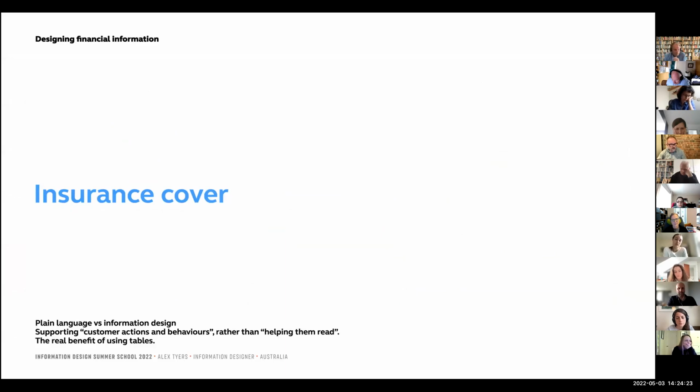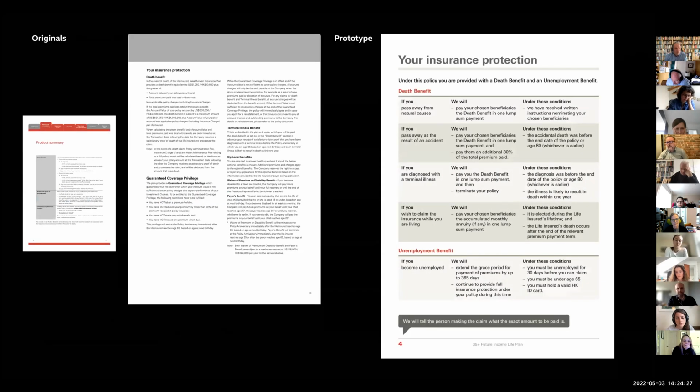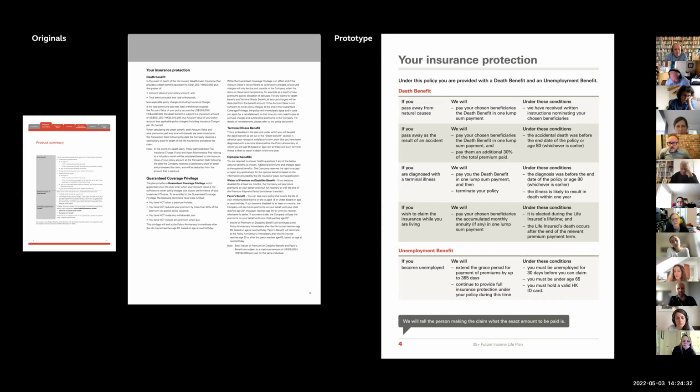Insurance cover. Another thing that I'm looking at here, in particular, is the use of tables. In the plain language movement, one of the things they recommend is to use tables. And quite often, with the original and the new one, what you see with tables is what could just be standard text dropped into columns, headings and text.